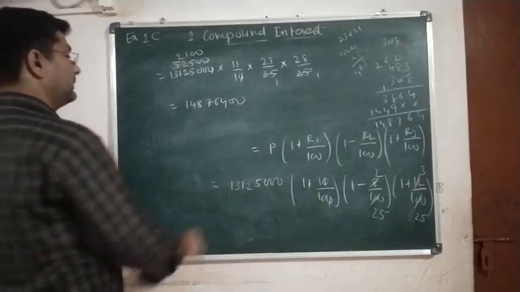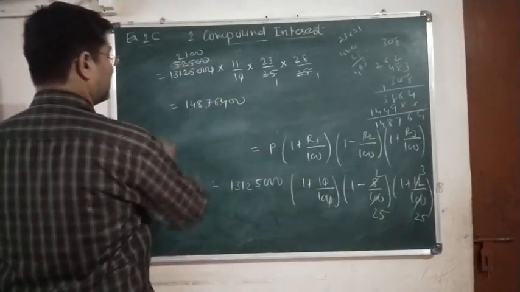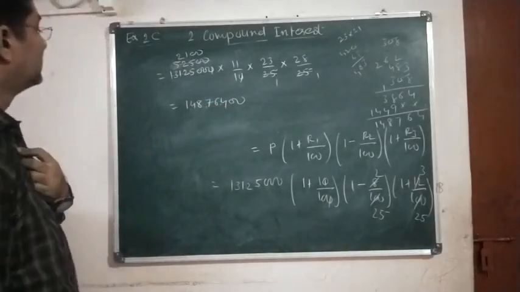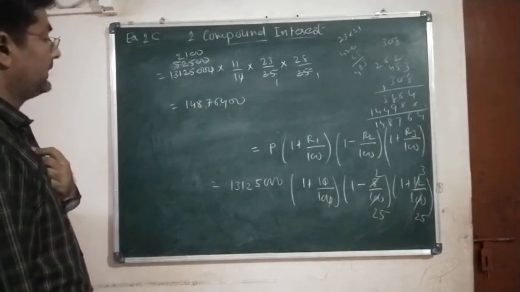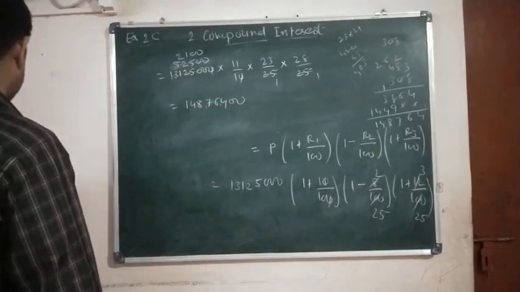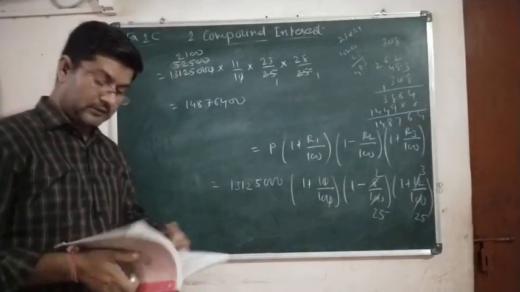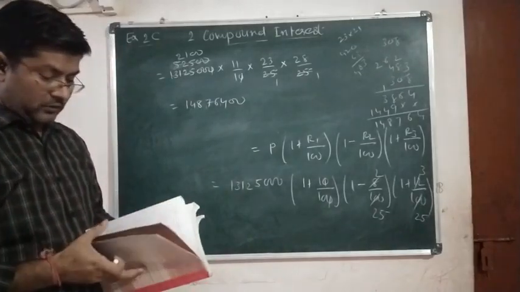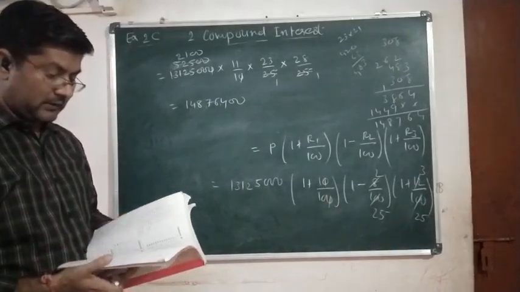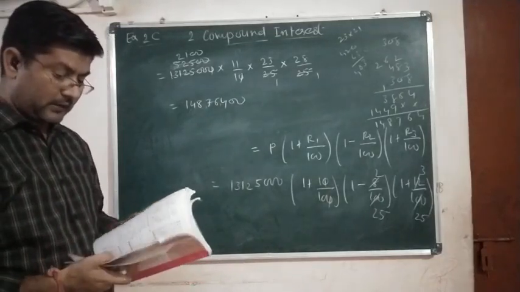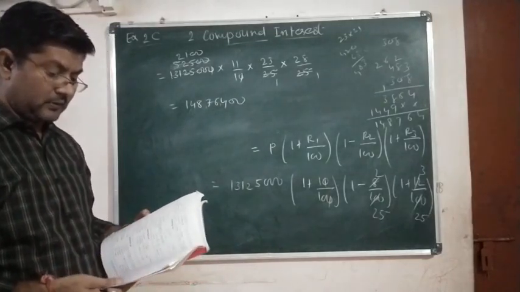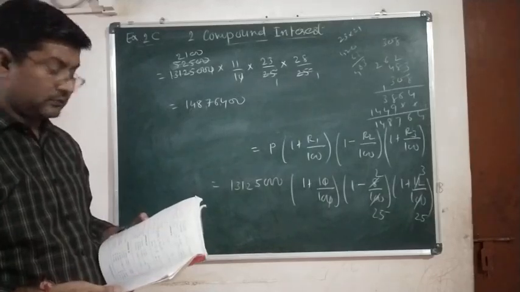Okay, so this becomes 1,48,76,400. So this is the count or the number of bacteria in the culture after 3 hours. Yes.